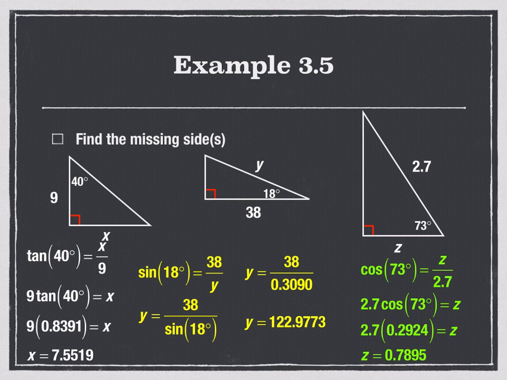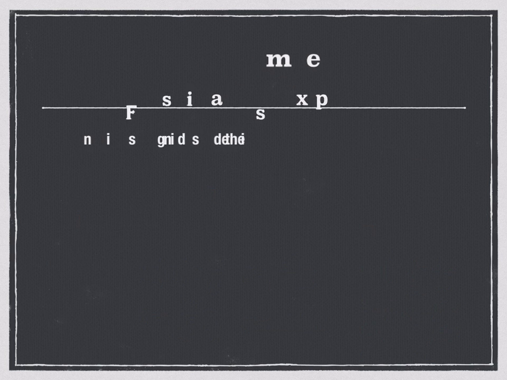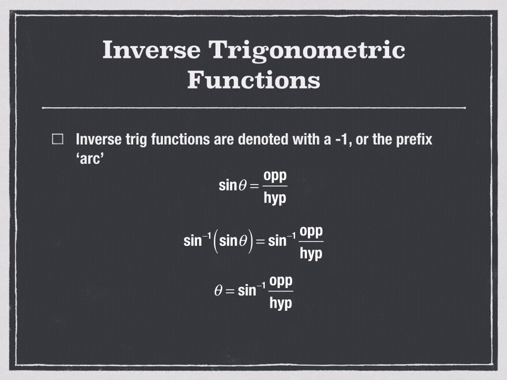Now, the way we do that is by using what are referred to as inverse trigonometric functions. The whole idea is this, and I realize that I didn't animate these, so I'll just explain it. If I have the sine of theta, everything in math has an inverse. It has something that undoes it.